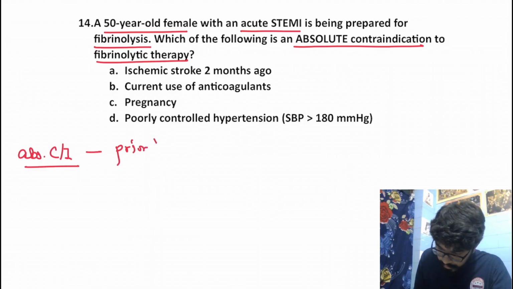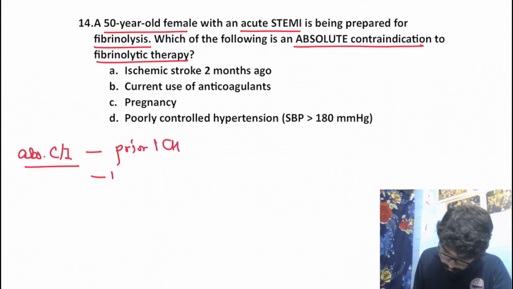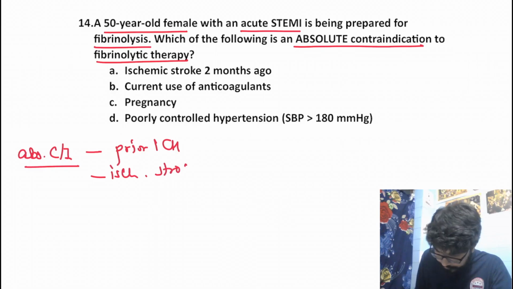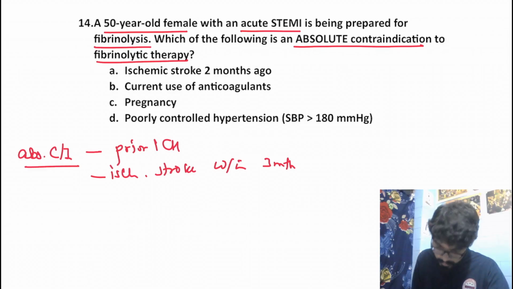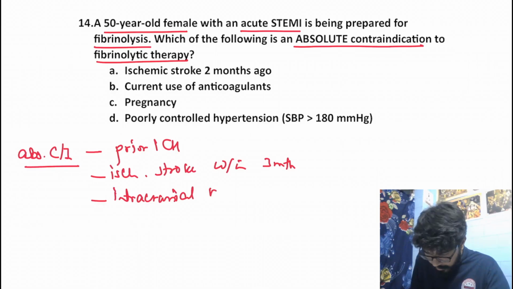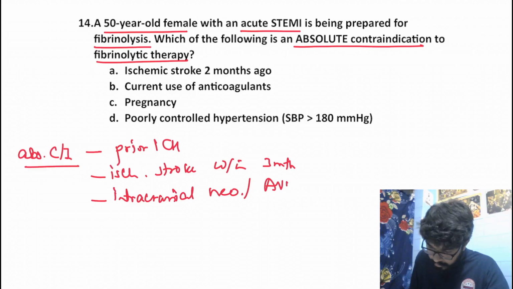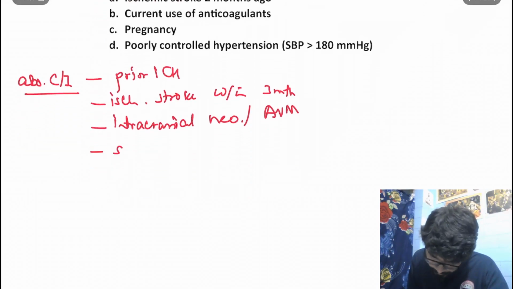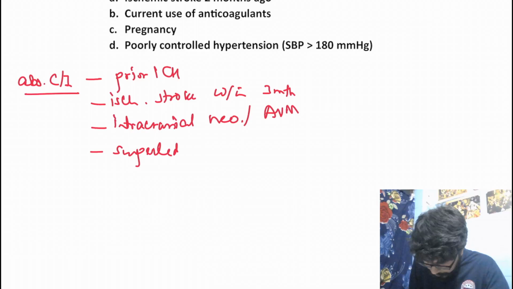Number 1 is prior intracranial hemorrhage. Number 2 is ischemic stroke within 3 months. Right. Then we have any intracranial neoplasm or an arteriovenous malformation. Okay. Then we have suspected aortic dissection.